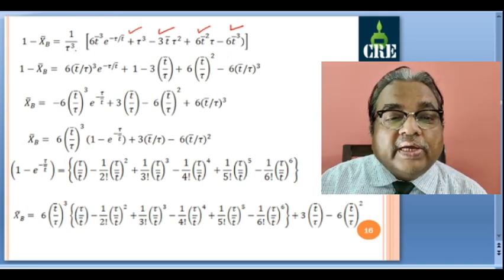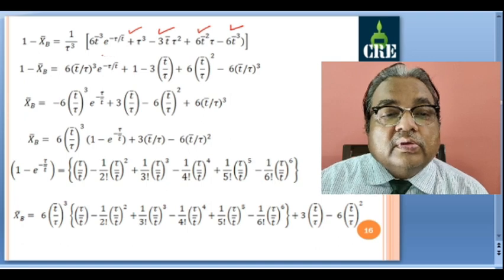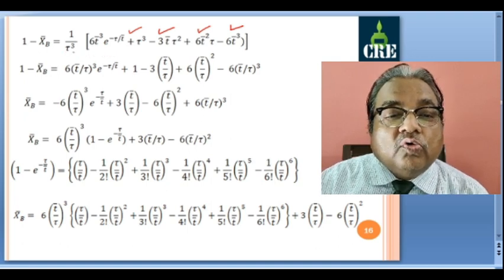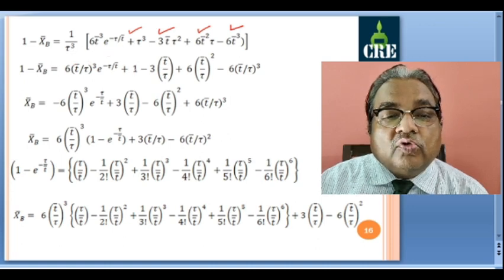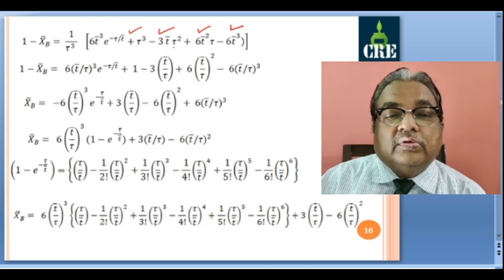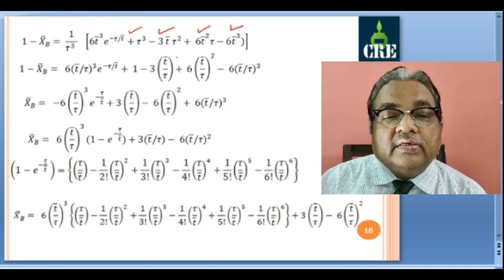Okay, so 1 minus x b bar is equal to, now this tau cube we have, so we will divide throughout by tau cube and see what happens. So first term t bar by tau whole cube e raised to minus t by tau. Tau cube by tau cube, plus 1, minus 3 t bar by, here tau square by tau cube, so I get minus 3 t bar by tau term.